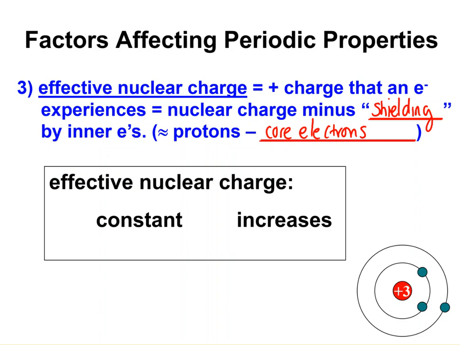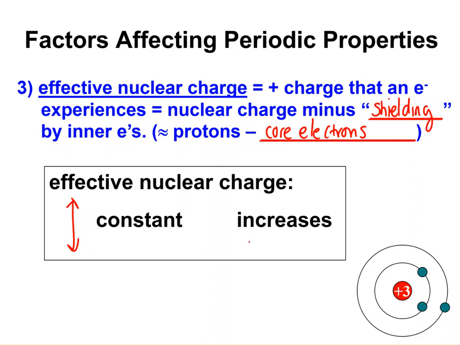So we see that effective nuclear charge is going to be pretty constant as you move up and down on the periodic table. That's because as you move down the periodic table, there are more protons, so that would increase nuclear charge. But as you move down, there are also more core electrons, so it kind of cancels out.